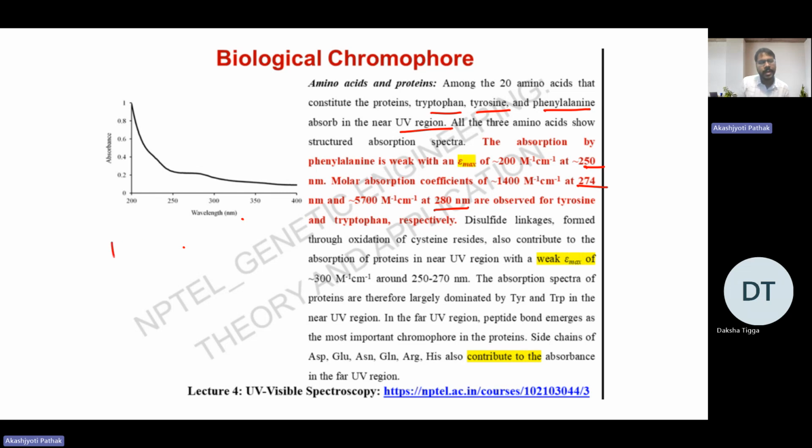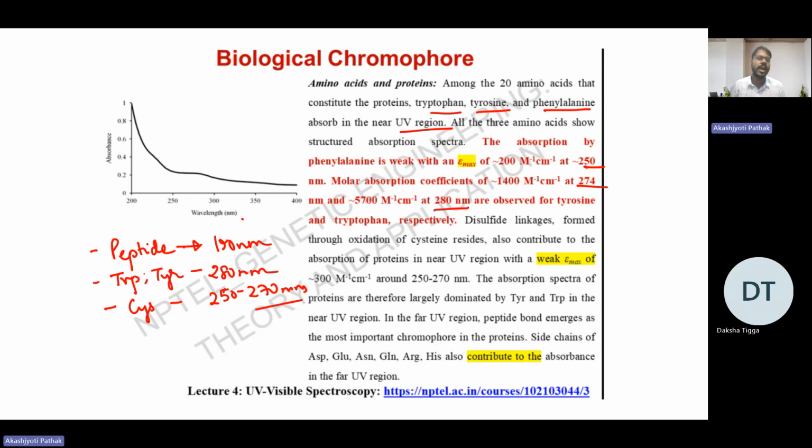So remember that the peptide bond present in your protein will absorb in the far UV region, around 190 nanometer wavelength. Your tryptophan and tyrosine will absorb around 280 nanometer wavelength of light, and the cysteine will absorb in the range of 250 to 270.